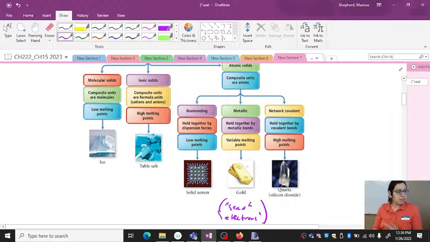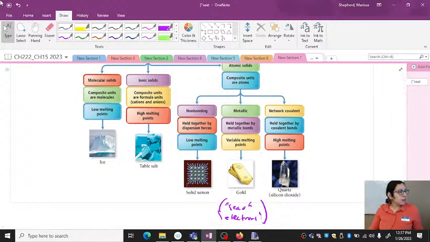So you probably know that with gold or other metals. And then your last type would be these network covalent solids that are held together by covalent bonds. And so these would have high melting points. So for example, quartz would be a good example, or diamond. So again, covalently held together and high melting points.